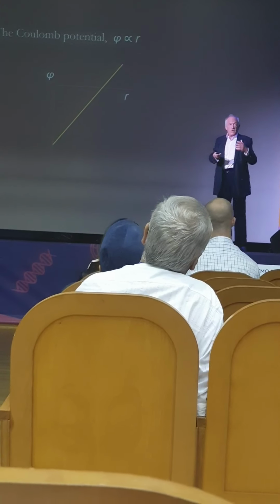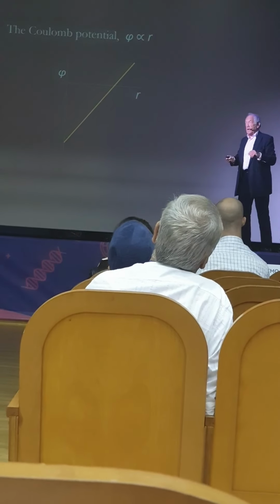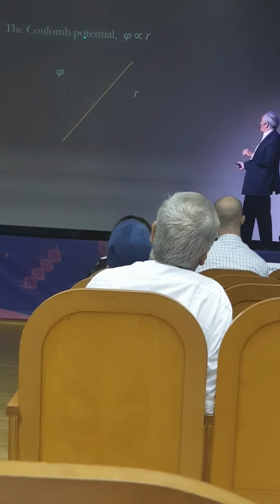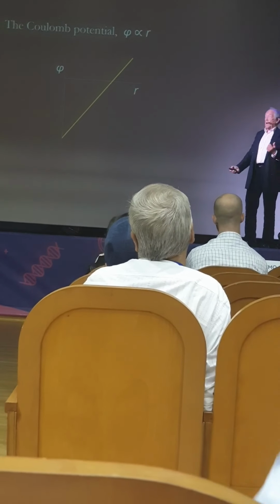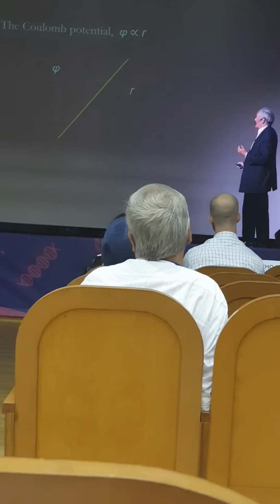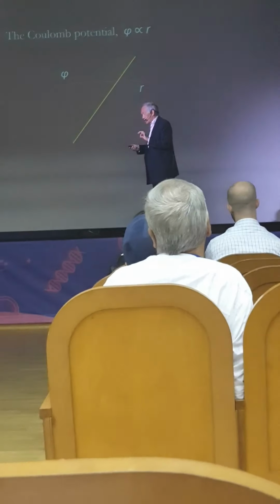And by arguments that I could also go into if you wanted, the Coulomb potential in 1 dimension is simply r itself. It goes linearly from this value, linearly up forever. That's the Coulomb potential in 1 dimension.